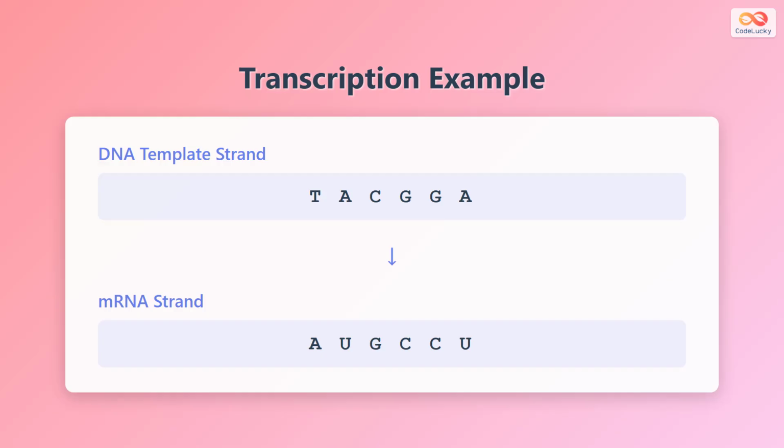Guanine pairs with cytosine, giving us cytosine. The next guanine gives us another cytosine. And finally, adenine gives us uracil. The resulting mRNA sequence is adenine, uracil, guanine, cytosine, cytosine, uracil. This demonstrates how the genetic code is faithfully copied from DNA to RNA.